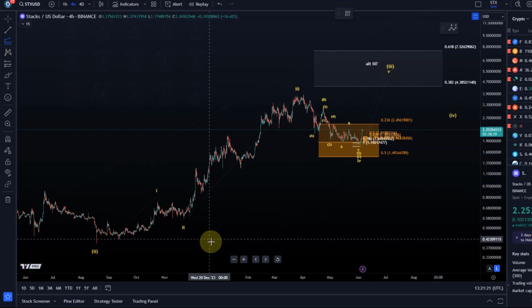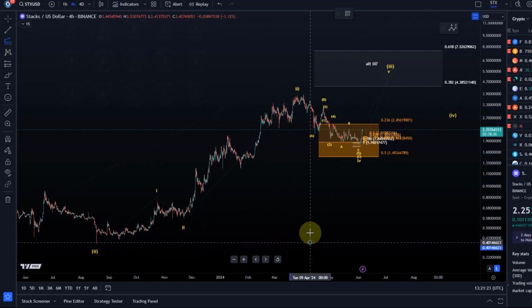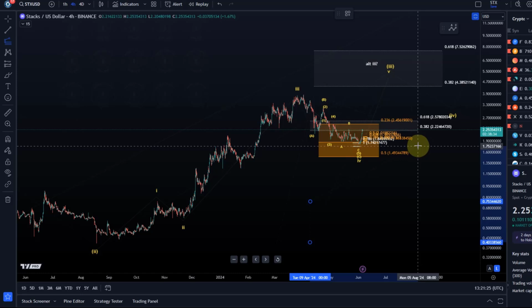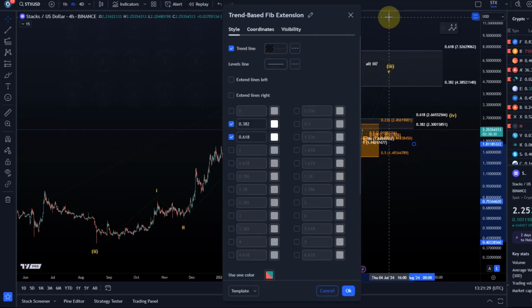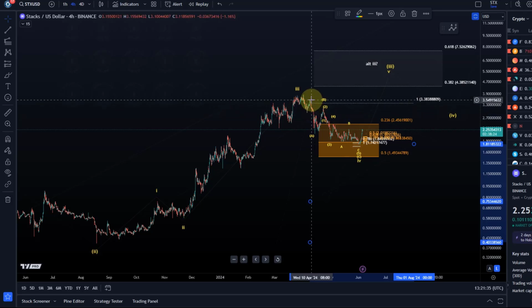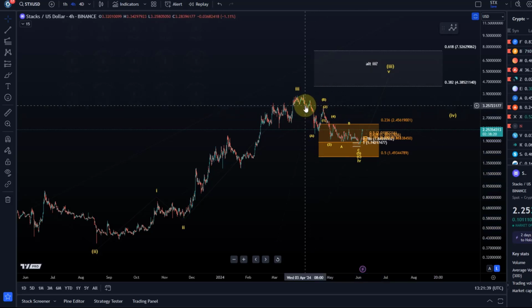And maybe we get a third one by measuring the length of wave 1, which is just a different way of measuring. We'd be looking for the 100% extension, but no, that's pointless. That's 3.38, which is not even an all-time or new high. So I would pay attention to the levels I mentioned, plus 4.38 next.